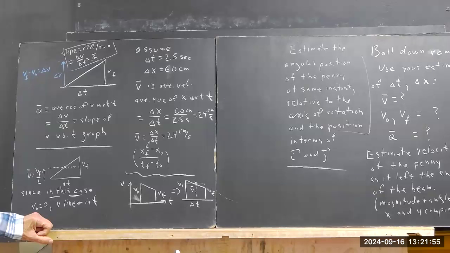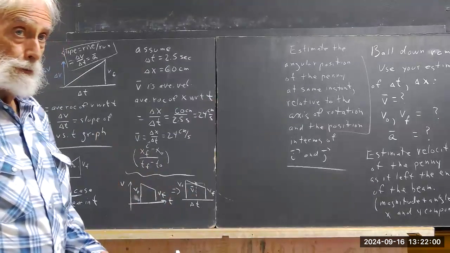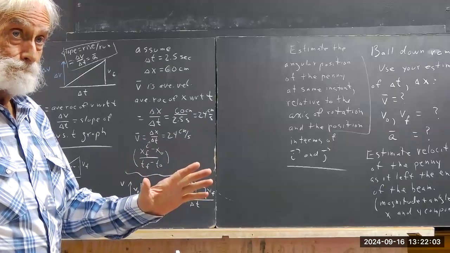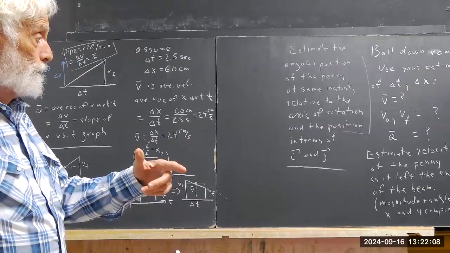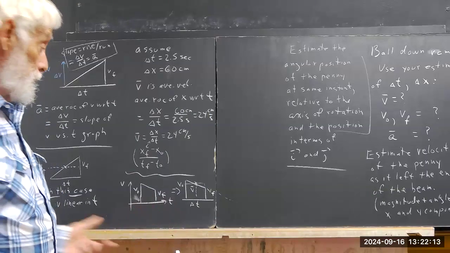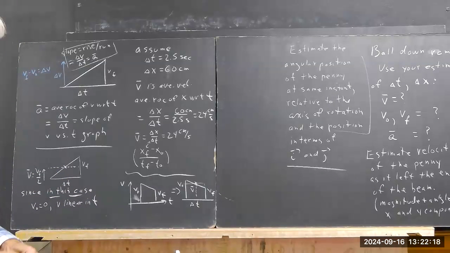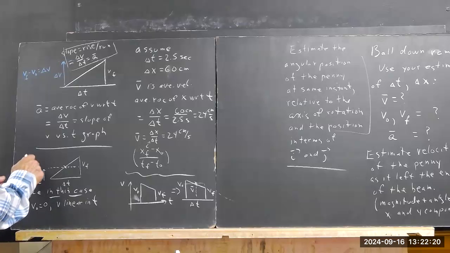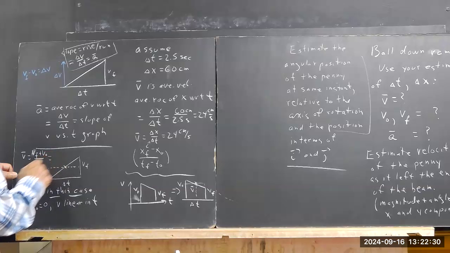Putting all that together, since your initial velocity is 0 and the graph of V versus T is linear, the average velocity is going to be half your final velocity. Another way of saying it is it makes sense: average 0 and the final velocity, you get VF over 2, right? VF plus V naught over 2.